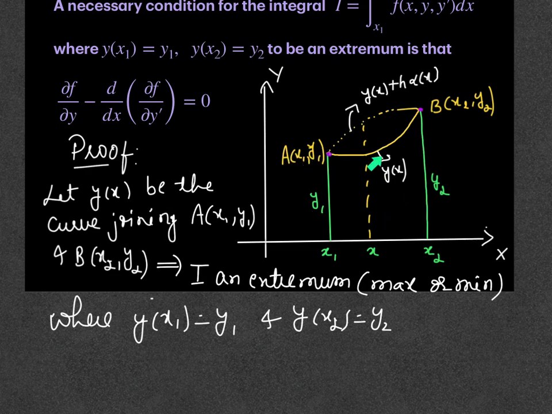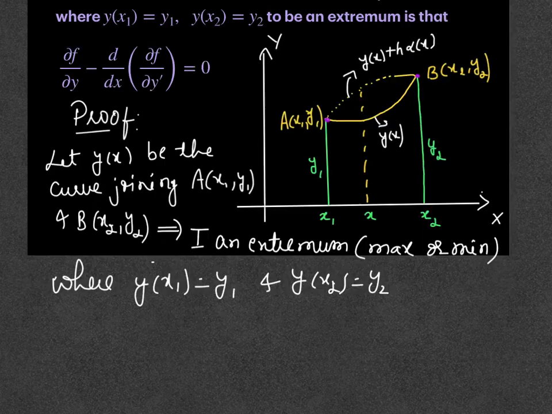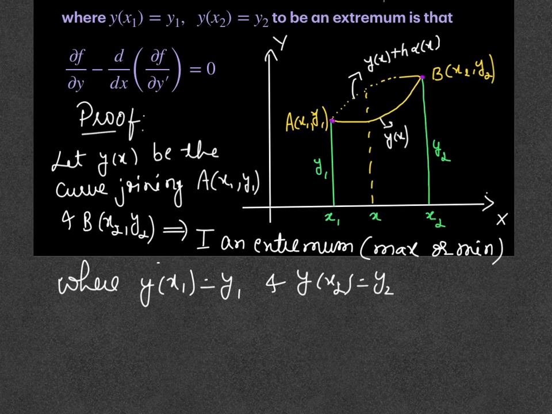So we have joined the two points by the curve, and at the point x1 the value y1 is present. At the point x2, the value y2 is present. Now to prove the required result, we need to consider the neighboring curve.